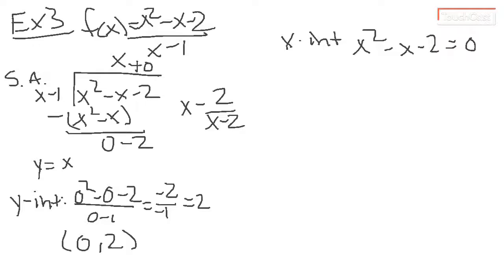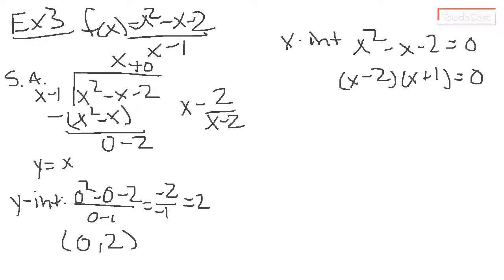I'm going to solve it by factoring because I think this one is a fairly simple factor, because we need to think what numbers multiply to make negative 2 that add to make negative 1. I can only think of negative 2 and a positive 1.